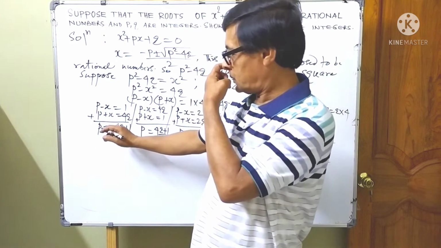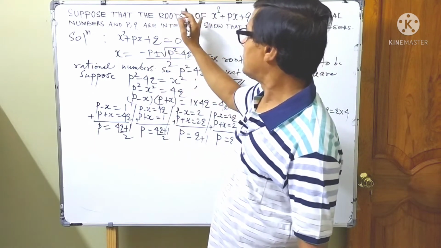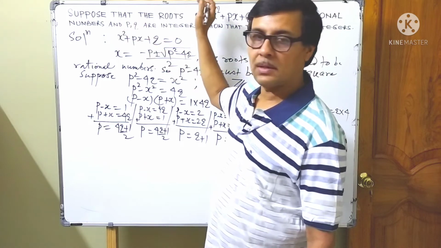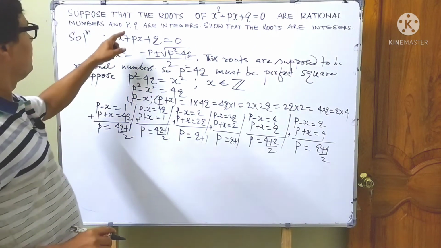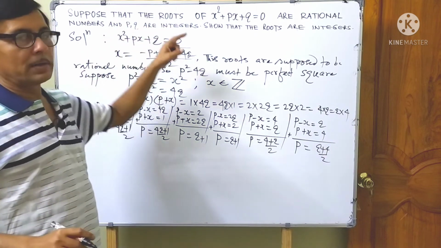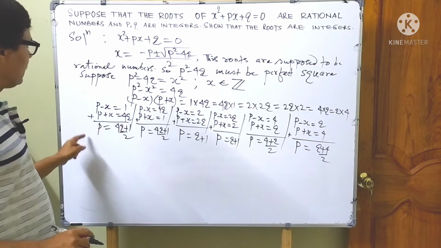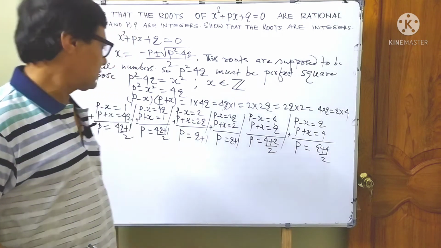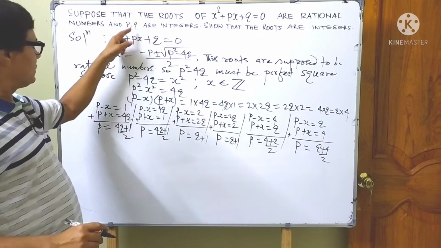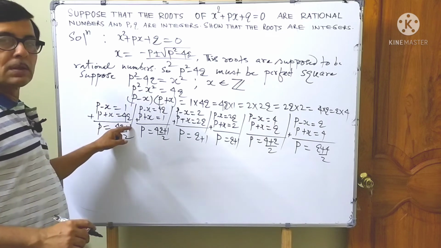This is a fraction because 4q plus 1 is an odd number, so p is a fraction. So this is not possible, because p is an integer, which is given. The condition is that p and q are integers. So p would be a fraction, but p is an integer, so this cannot be possible because 4q plus 1 is odd.